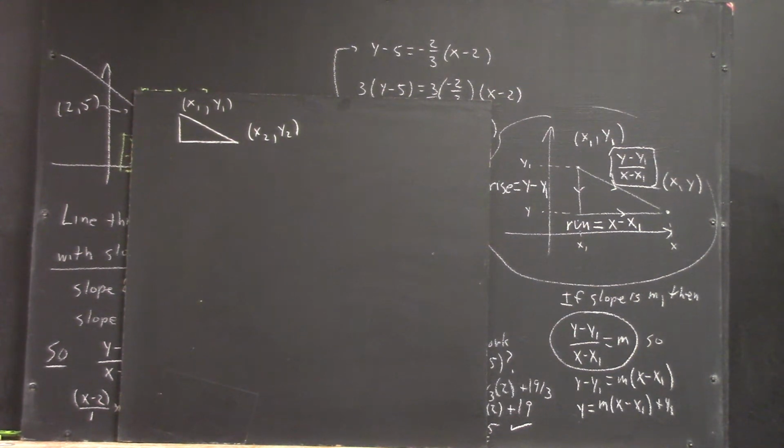It's x2 minus x1, right? Look here, this is x2, right? And that's got to be x2. That's good. Just make sure you use the points that you have. Good. But if you're going in this direction, it's got to be this minus this.